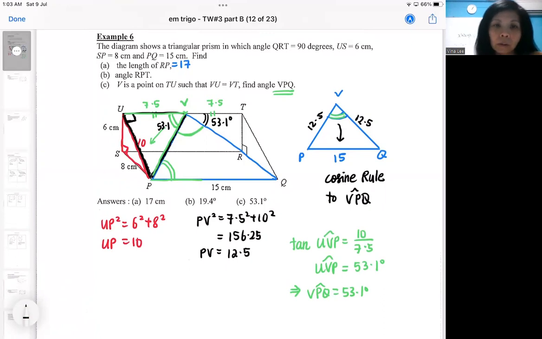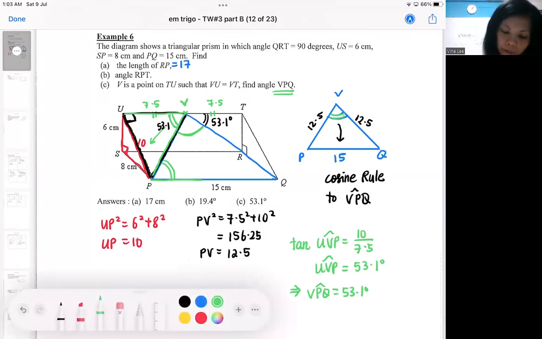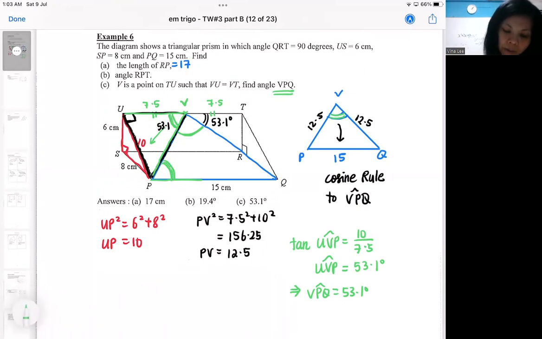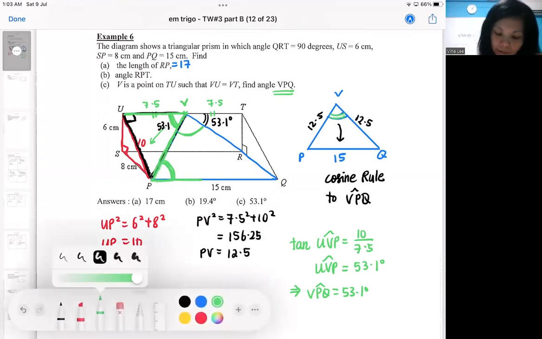Okay, so just now I saw the wrong angle. So the correct one should be VPQ, which should be this one, which I can do an alternate angle. Okay, I misread it as this one.